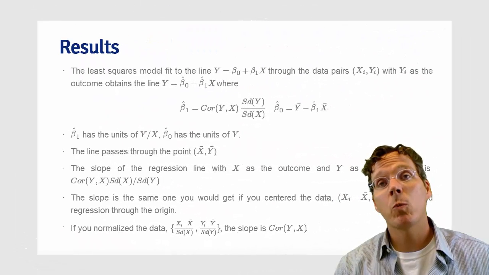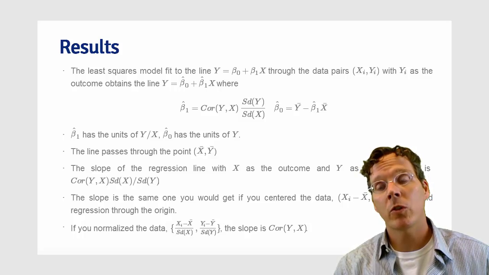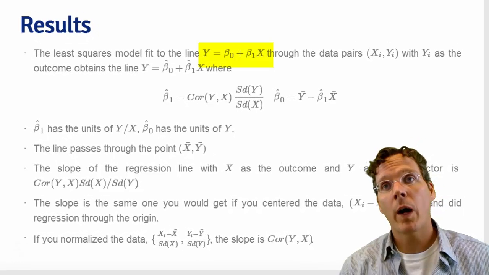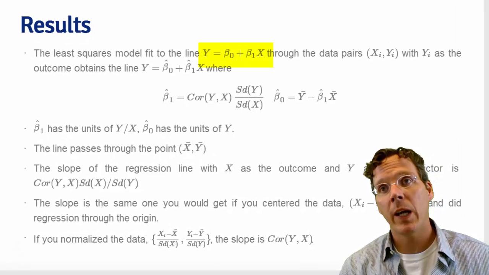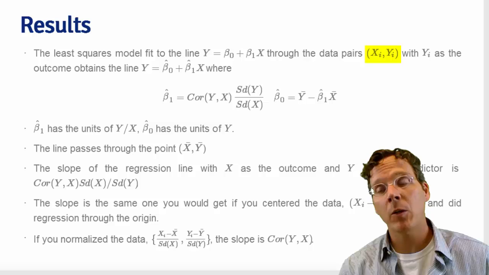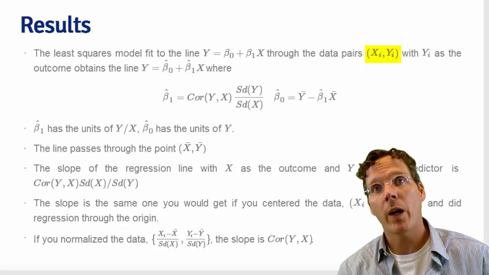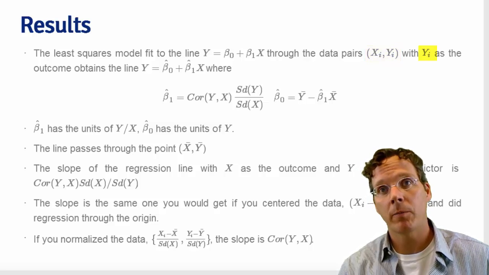So let's discuss what the answer is when you perform this model fit. Just to reiterate, we want the line y equals beta naught plus beta 1 x, and we're going to fit it through a scatter plot of points xi, yi, where yi is the outcome. We put little hats over beta naught and beta 1 to indicate the estimated values.